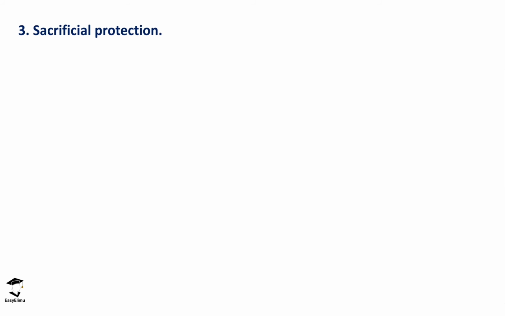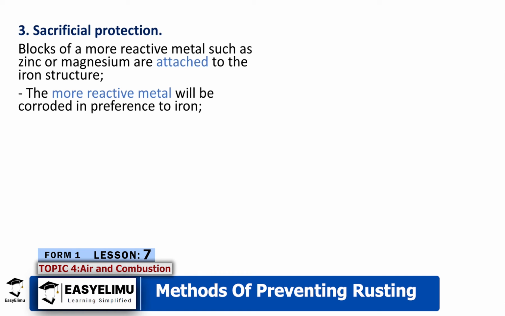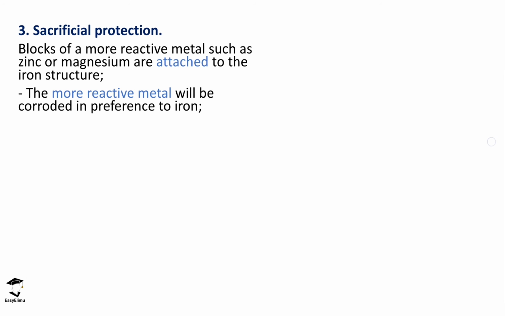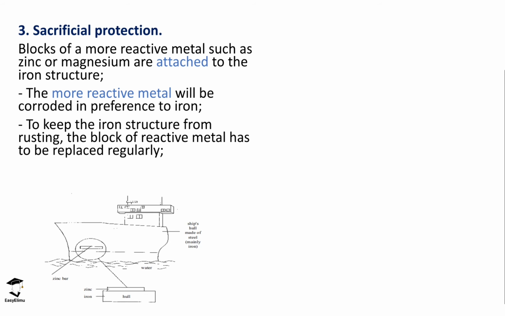Next, we are going to look at sacrificial protection. For sacrificial protection, a more reactive metal is attached to the iron structure. The more reactive metal will corrode instead of the iron, and the iron structure will be kept from rusting. You notice that these more reactive metals must keep on being replaced regularly.